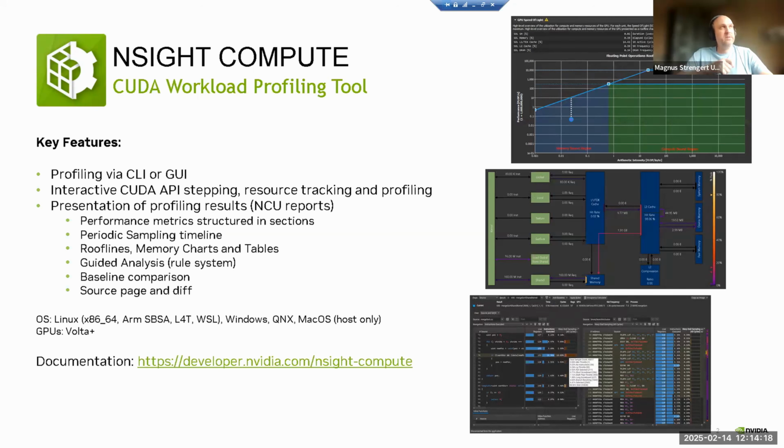As Jackson mentioned, we see this in a workflow where you first start in Nsight Systems for a high-level overview. You get system information, see if the GPU is potentially on your critical path, or which kernel takes more time or is slower than you expected.